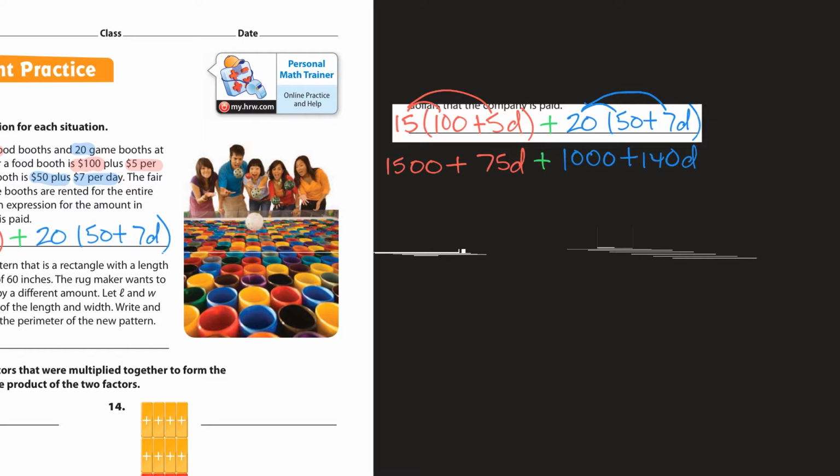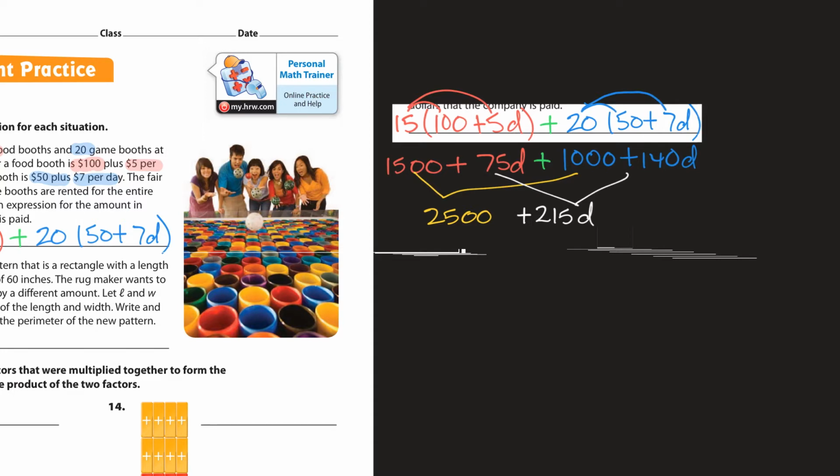I'm going to add up these two items here, and that's going to be 2,500. And I'm going to add up these two items here because those are like terms. And 75 plus 140, I believe that's 215. So plus 215 times the amount of days.